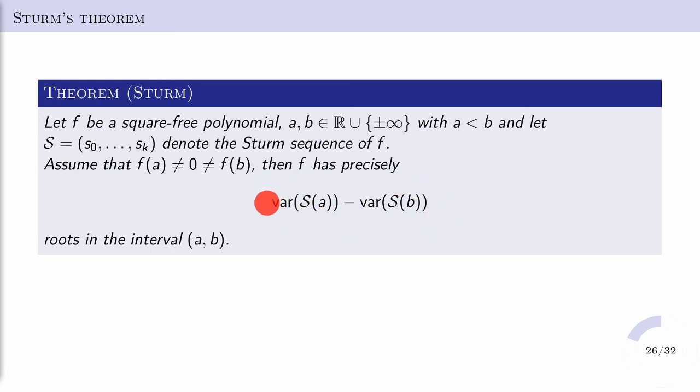We compute the number of sign changes in the Sturm sequence at the left endpoint. We compute the number of sign changes of the Sturm sequence at the right endpoint, and the difference between these two numbers is the exact number of roots of f inside the interval.